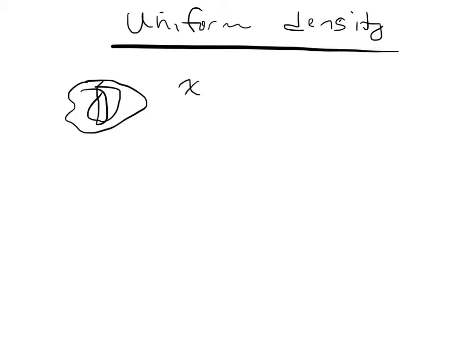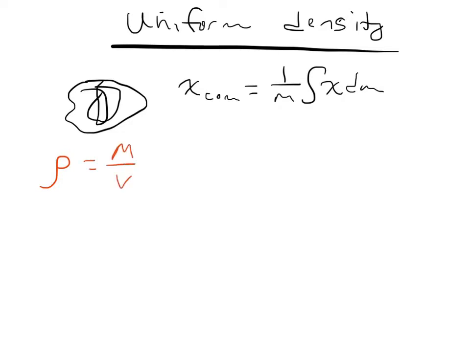The x center of mass would equal 1 over m times the integral of x dm. And this is nothing new to us. But what we need to know now is the idea that, let's just say that this is some known density, where our density is m over v.